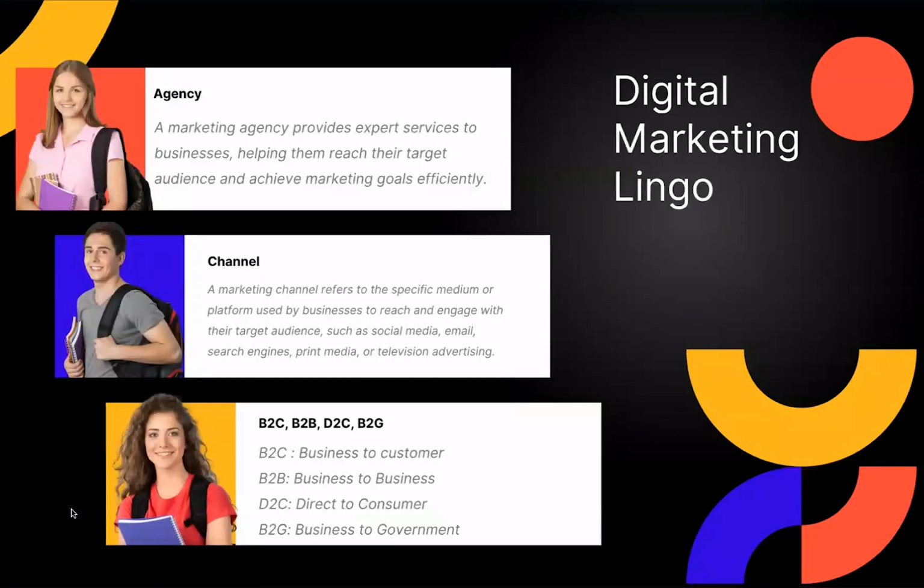So now we talk about the agency. A marketing agency provides expert services to businesses, helping them reach their target audience and achieve marketing goals efficiently. For example, when I was in university, I started my marketing agency, right? So I was an agency. What my marketing agency does is we go out there and find advertisers, people who are looking to advertise online but don't have the skill. They don't know how to do it.